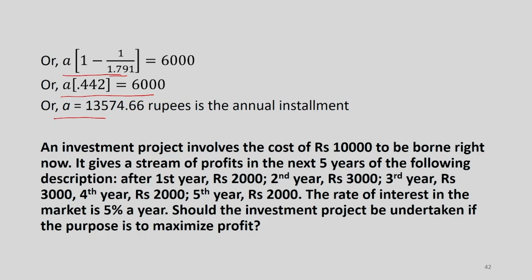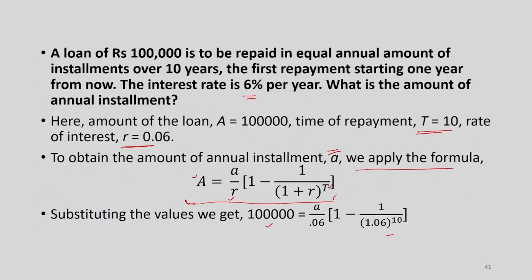Now just to get a hang of this, 13,000 is more than 10,000. Remember, if he had paid 10,000 per year for 10 years, then the total amount would have been 1 lakh rupees, which is the amount of loan.